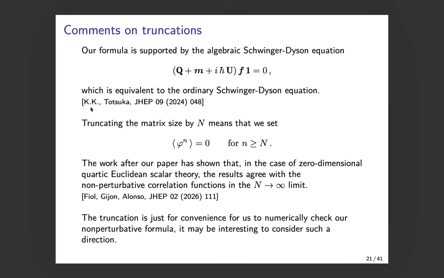Truncating the matrix size by n means that we set the n-point function equal to 0 for n larger than or equal to the truncation size. Actually, work after our paper has shown that in the case of zero-dimensional Euclidean scalar theory, the result agrees with the nonperturbative correlation function, which I think is a modified Bessel function, in the limit n goes to infinity.